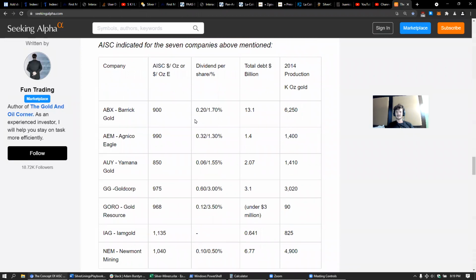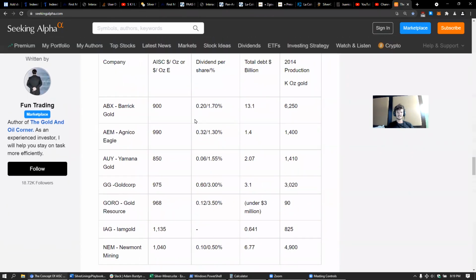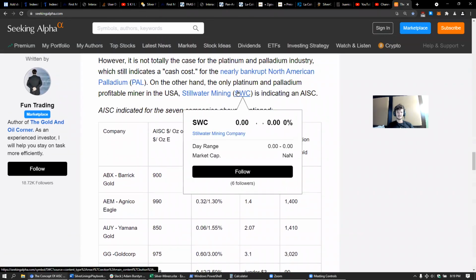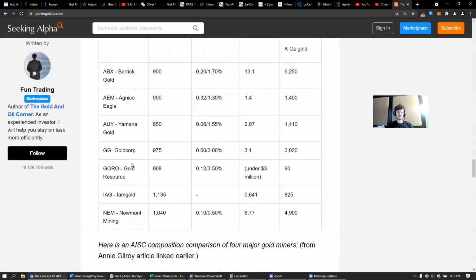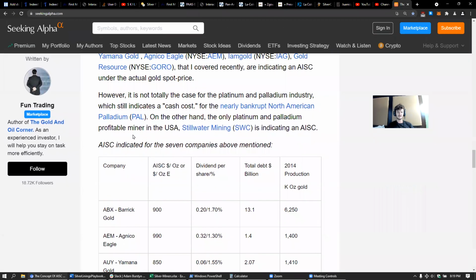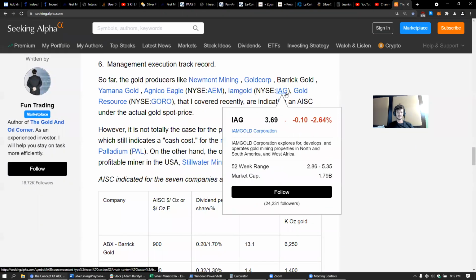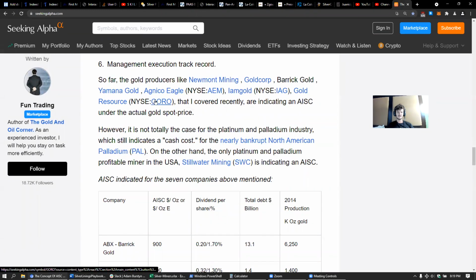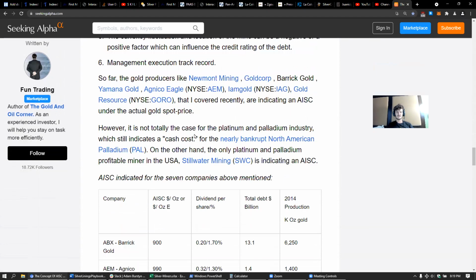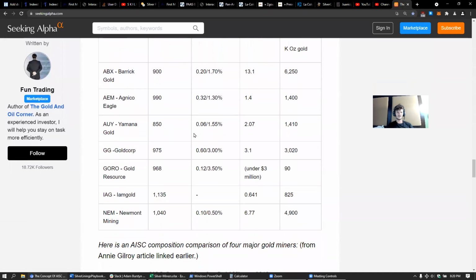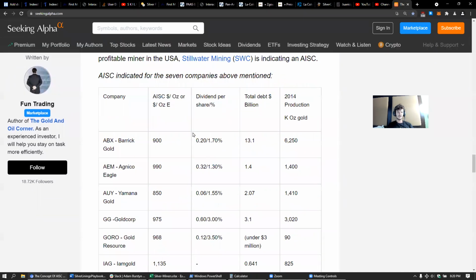Two of these companies are defunct. Stillwater Mining, where are you? Not on here. Which of these went out of business? Well, we can see that the ones that typically used AISC were still going.